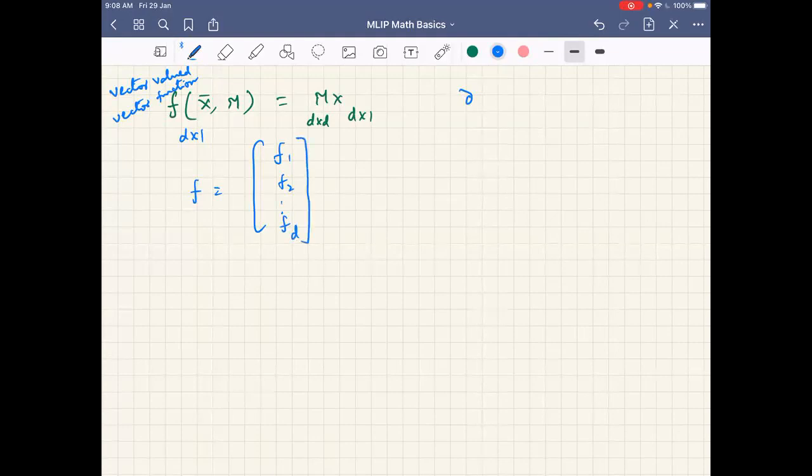Sometimes this need not be d; if you want a different notation for rows and columns, we can put n cross d, and hence f is of dimension n cross 1, so it goes up to fn. Now what we want to find is dou f by dou x. Please note that f itself is a vector.